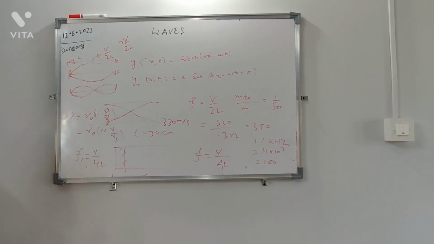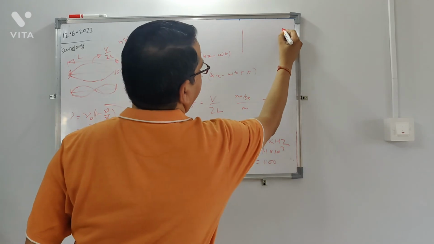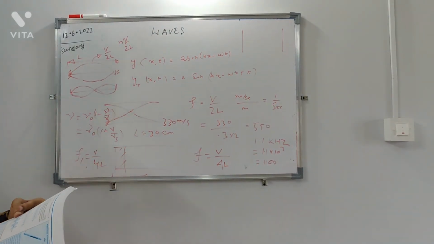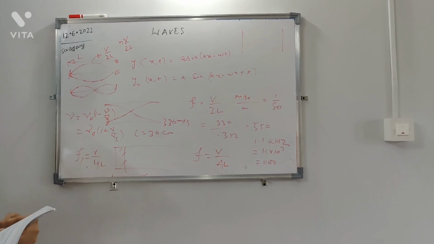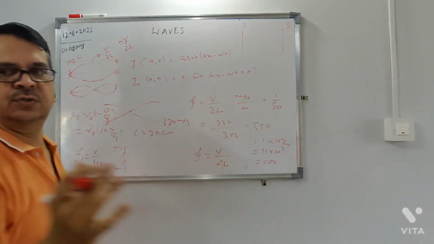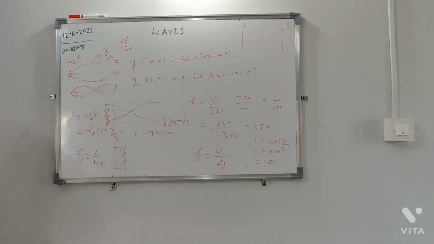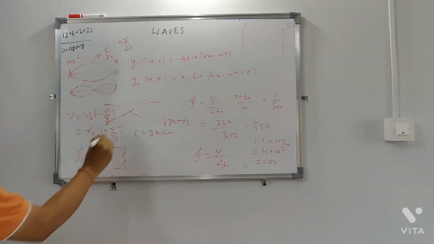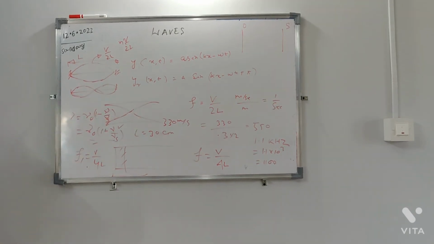This is the Doppler change in frequency of the wave detected when the source is moving towards the observer. Let us say this is my observer, this is the source, and some sound is coming. When it is coming closer, your frequency will increase. So this is the formula. When it is going away, frequency will decrease.